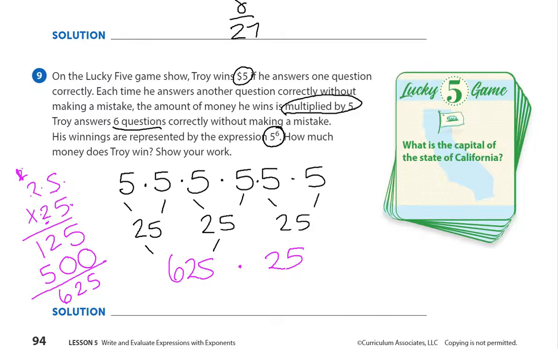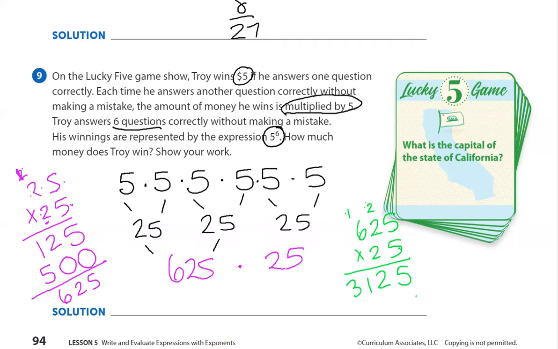I've got to do that one again. I can't do that in my head, so I'll do that now over here. 625 times 25. 5 times 5 is 25. Carry the 2. 5 times 2 is 10, 11, 12. Carry the 1. 5 times 6 is 30, plus 1 is 31.